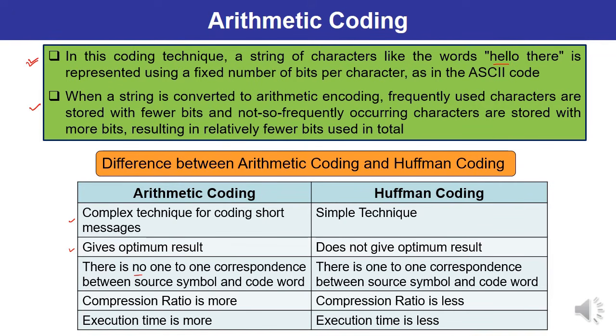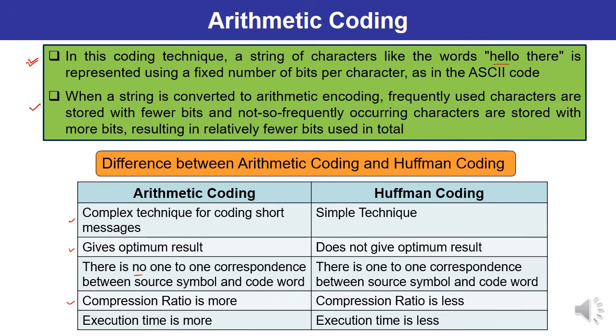Like you must have solved the numericals where message symbols A, B, C, D have been given, and at the end you have found out the certain codes for message symbol A, B, C independently. So in that case there is a one-to-one correspondence. But in case of arithmetic coding, there is no one-to-one correspondence. Compression ratio is more in case of arithmetic coding, while in case of Huffman coding, compression ratio is less.